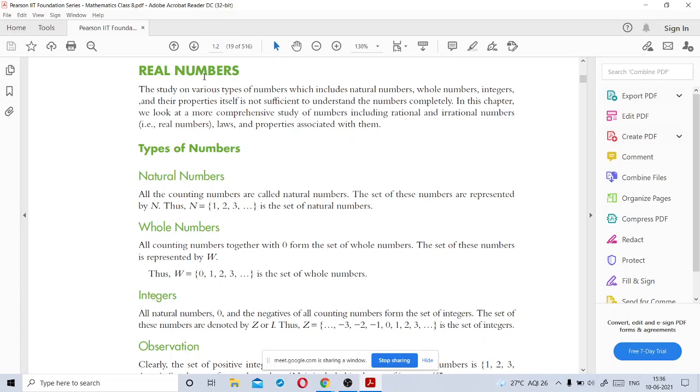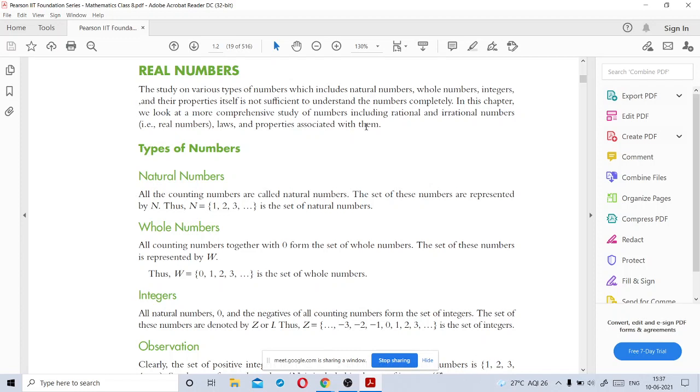In this chapter, we look at a more comprehensive study of numbers, including rational and irrational numbers, that is, real numbers, laws, and properties associated with them. Okay, my children, in this chapter, we study real numbers.